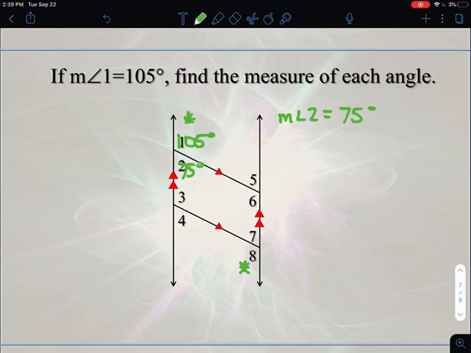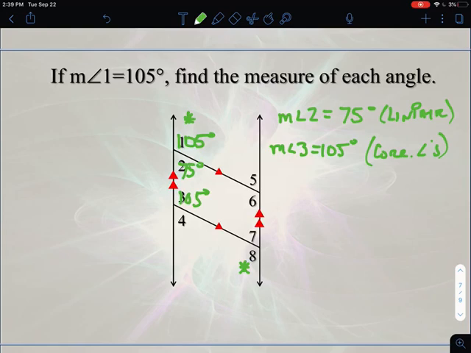When two sets of lines are parallel, it makes things a little bit simpler. So I can jump from angle 1 to angle 3. Those are corresponding angles. So the measure of angle 3 would be 105. So angle 2 we found because they were a linear pair. Angle 3 we found because they were corresponding angles.